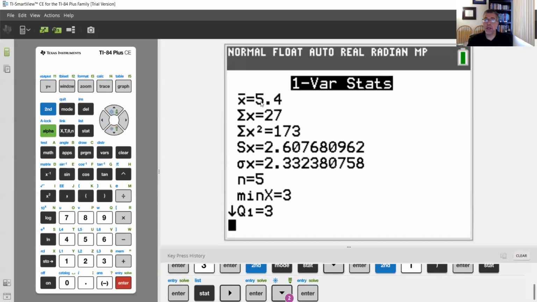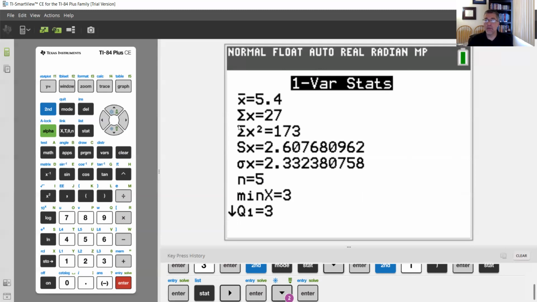And it tells me, look, that the mean was 5.4. That's x bar there. That x bar tells me that when I add all those numbers up and divide by the number of items that are there, the number of items is n here. So n was equal to 5, that's the number of items. When I add up all those numbers, the sum was 27, that's the second line here.